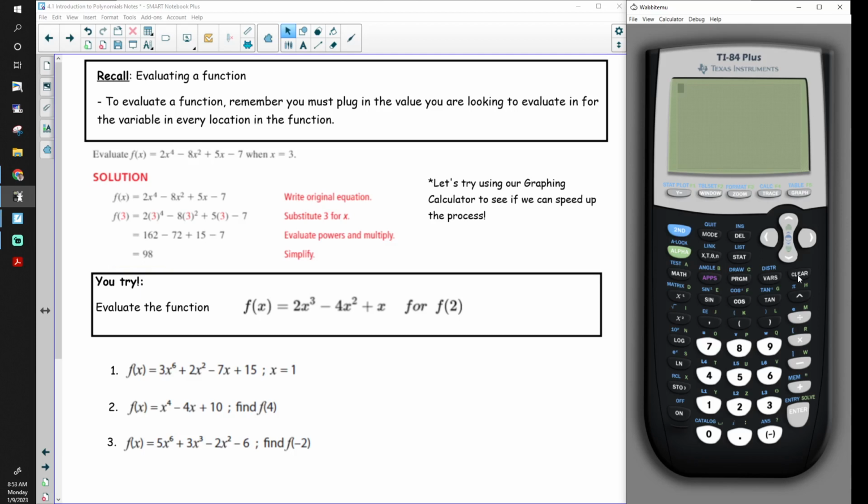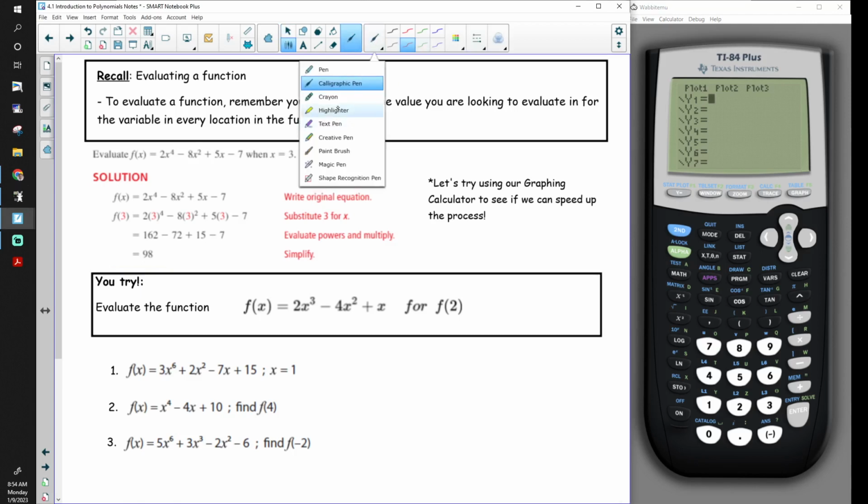Okay, so here is the one we're going to try. 2x to the 3rd minus 4x squared plus x. So you're going to go to your y equals, and we're going to plug in our polynomial. Now remember, you only need to plug in everything after the equal sign.